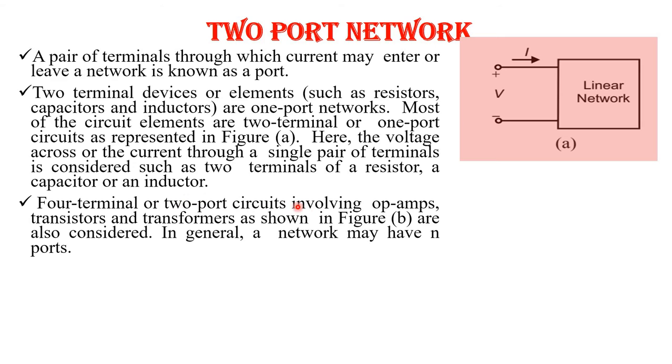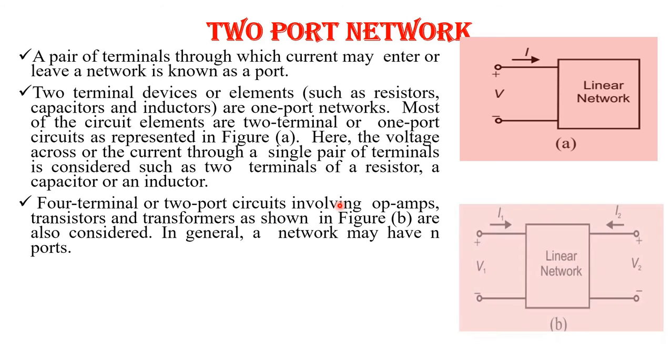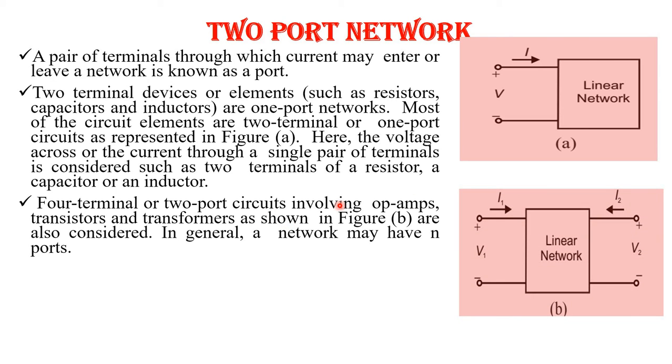Four-terminal or two-port circuits involving op-amps, transistors and transformers, as shown in figure B, are also considered. In general, the network may have N ports. Okay, this is the two-port network. Here the current I1 is entering. Here also the current is entering.